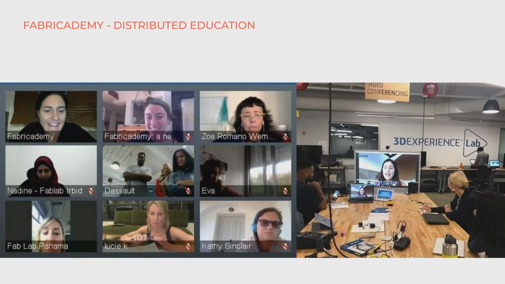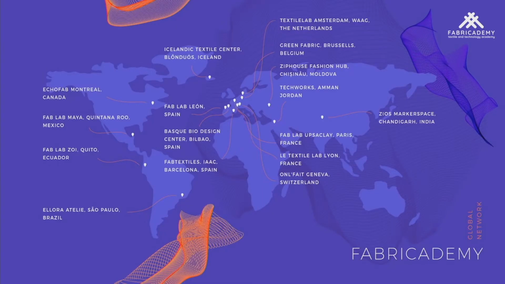And the Fabricademy is where all of this self-practice is put into a curriculum, a program that is running in many Fab Labs all over the world in a distributed way. And it follows the basic principle and the basic program of the Fab Lab Network, which is called Fab Academy, how to make almost anything.